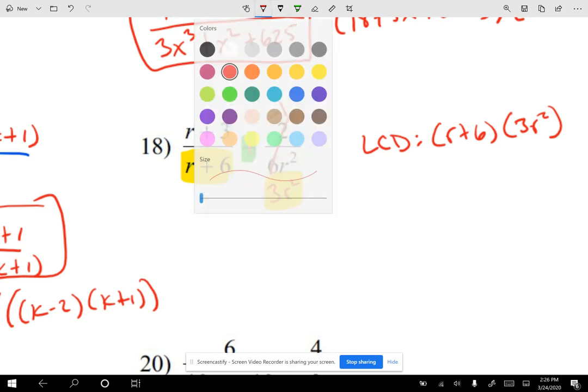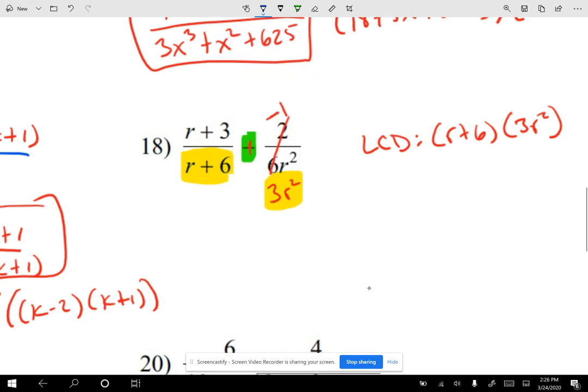So when I combine these, let me change it to blue so I don't get confused with number 17. My denominator, I should have an r plus 6 and 3r squared. From the two parentheses on my LCD, the one I don't have on my first fraction is 3r squared.